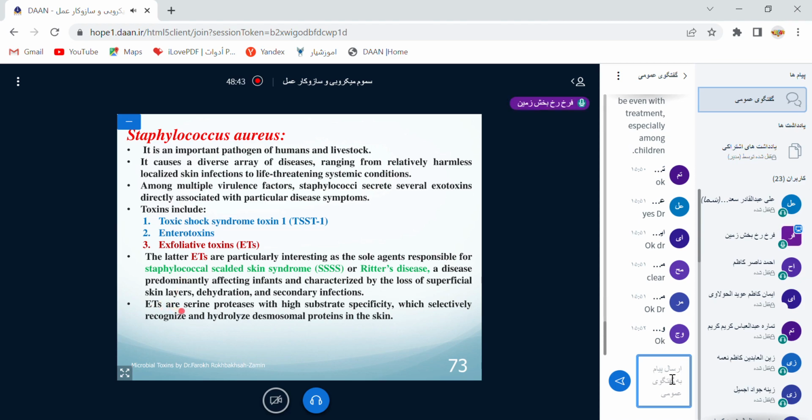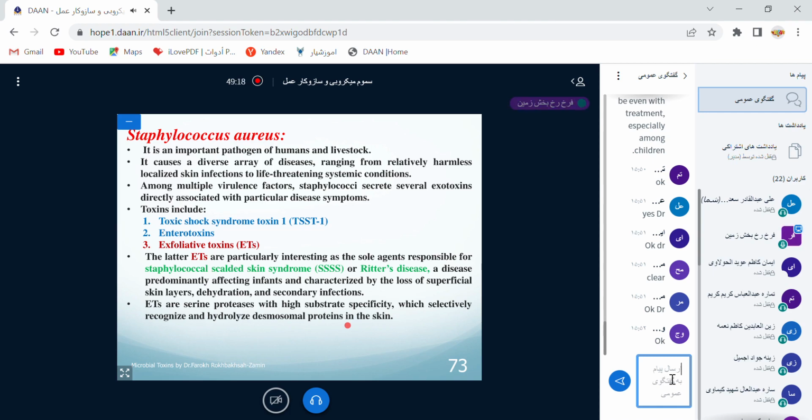So it is certain proteases. These toxins are working like the enzyme protease, which attacks amino acids and proteinaceous structures with high substrate specificity, selectively recognizing and hydrolyzing desmosomal proteins in the skin.